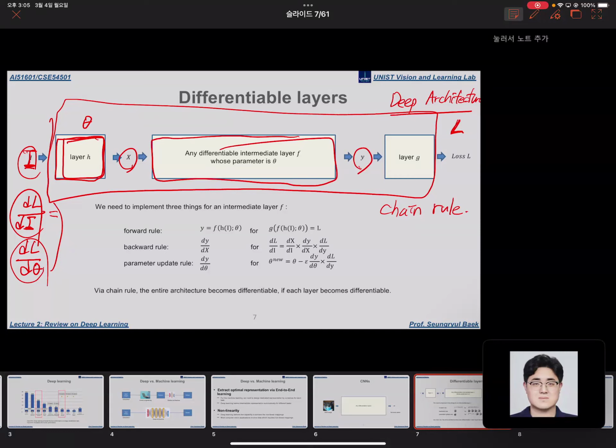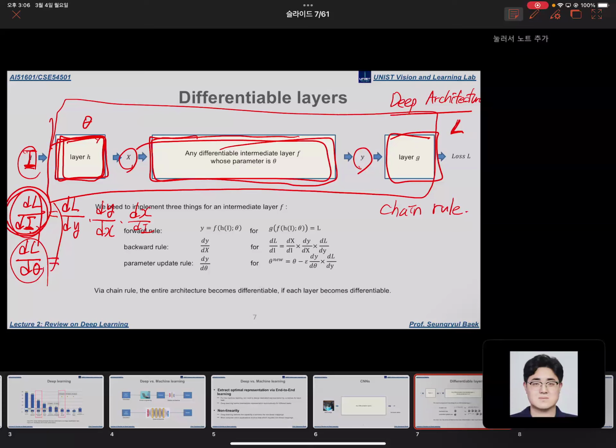These 3 components are all differentiable, and they constitute the entire architecture. In that case, this dL/dI could be divided like this. This is the chain rule.